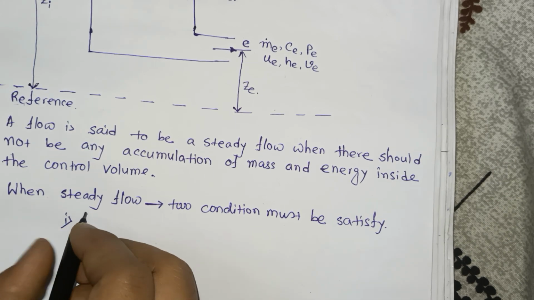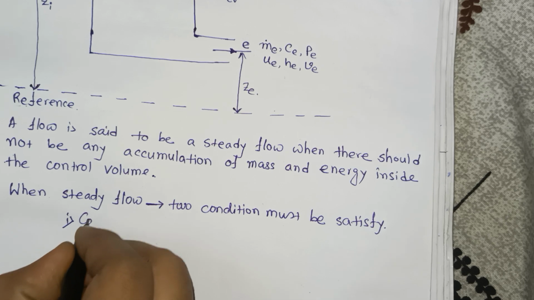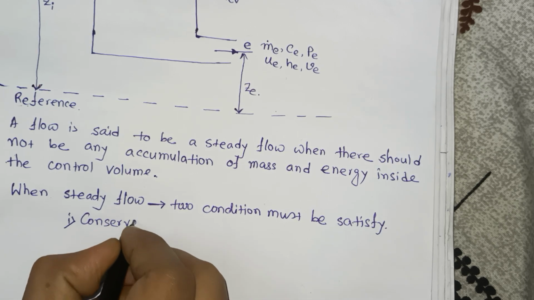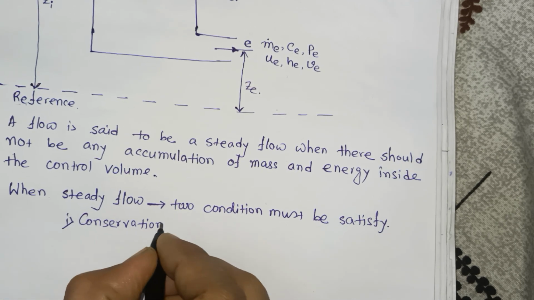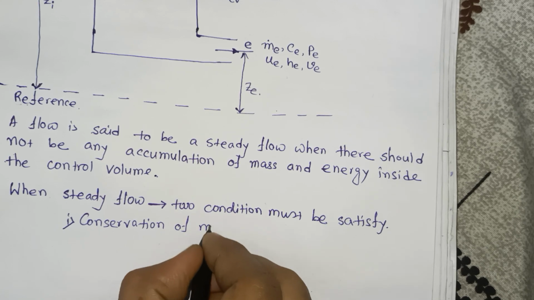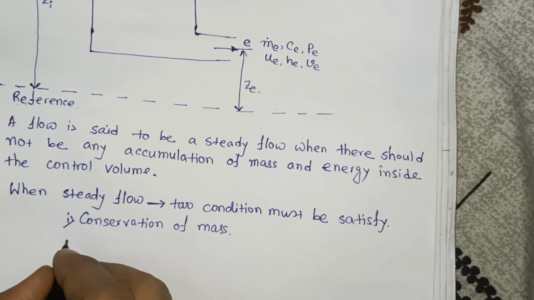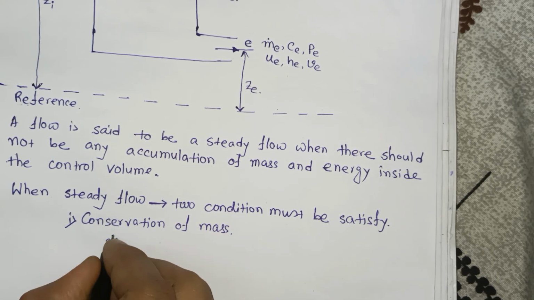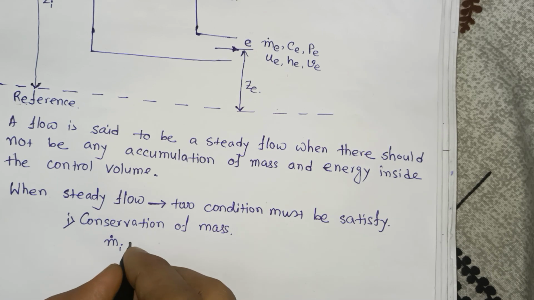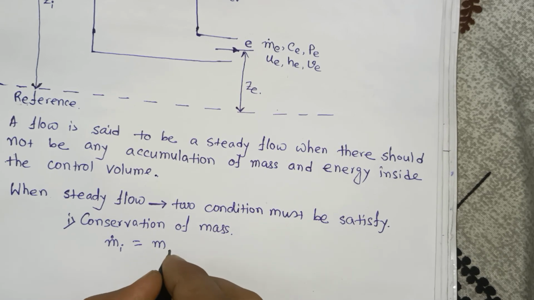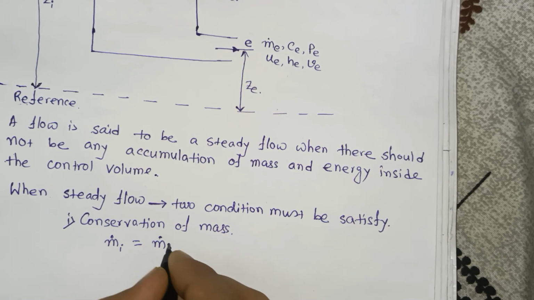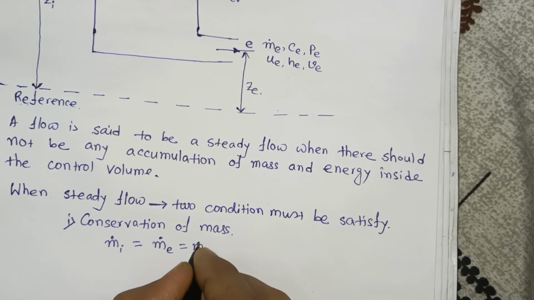So the first condition is conservation of mass: the inlet mass flow rate is equal to the exit mass flow rate, and we consider that equal to m dot.